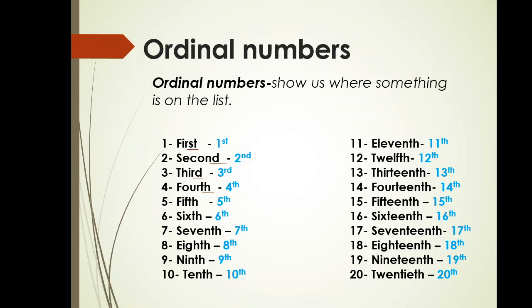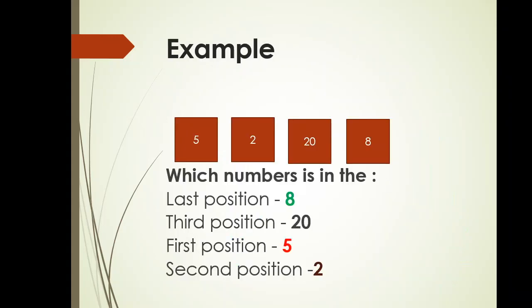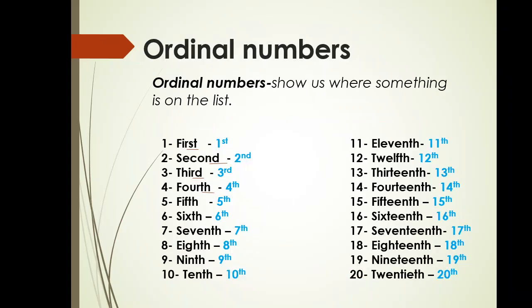Here you take TH. You write the number and then TH. And you continue doing the same to the rest. The fifth, still you write 5 and then TH. Sixth, you write 6 and then the TH. Ordinal numbers show us where something is on the list.